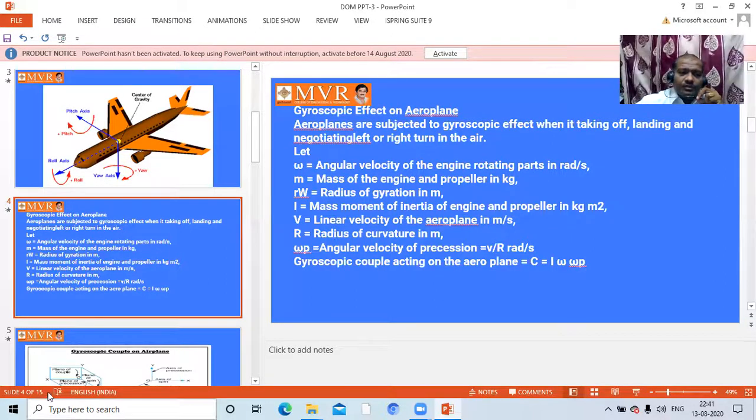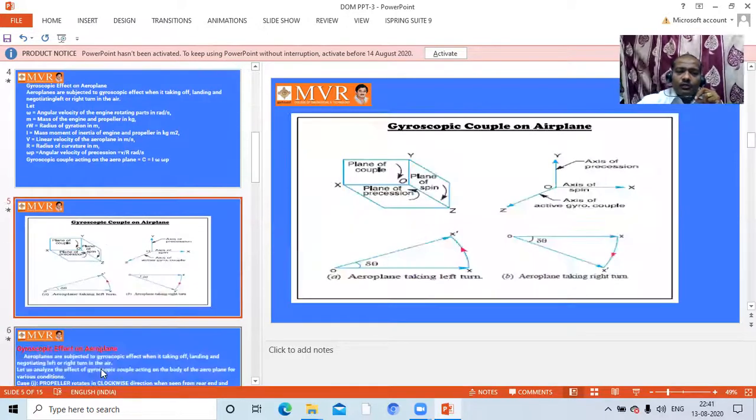Next, coming to how this can be explained. If you observe this one, a plane figure we are seeing, the plane of couple is there, that is nothing but the gyroscopic couple. This is the plane of spin, on which it is going to be rotating, and the plane of precession. I think you can clearly observe how the arrowheads are framed to explain this.